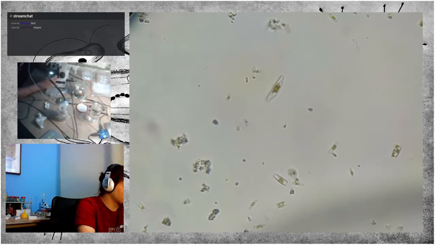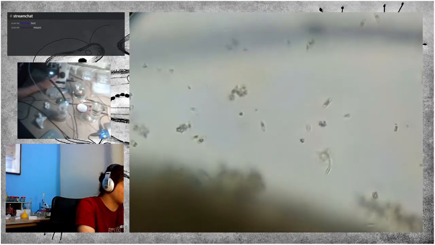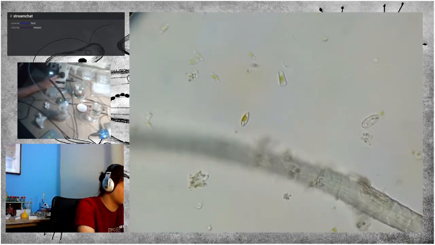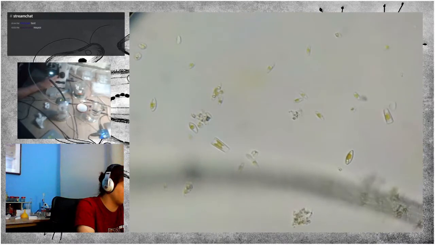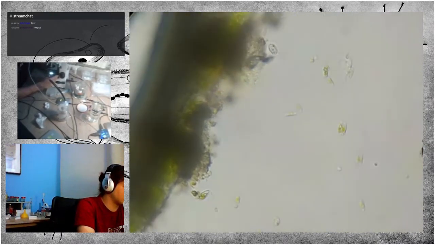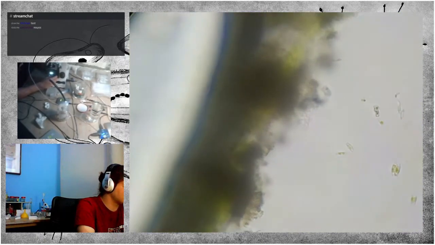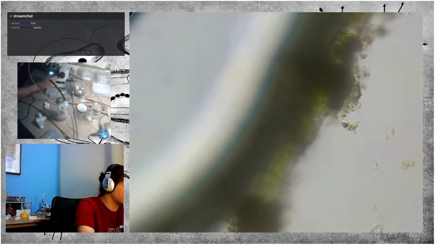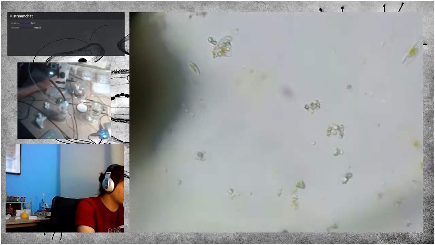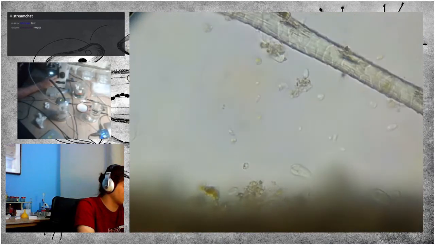Now here I don't see any moving diatom, but they can move pretty fast compared to what you would think. Compared to some other organisms, for example most ciliates, they move pretty slowly. But compared to some amoeba, they can move quite fast.